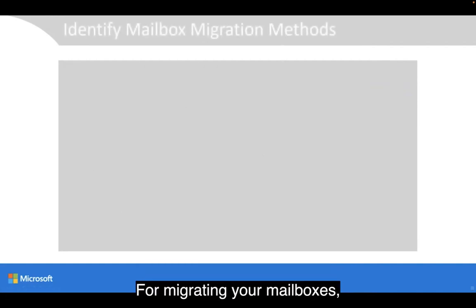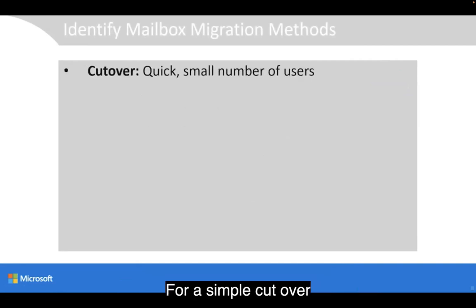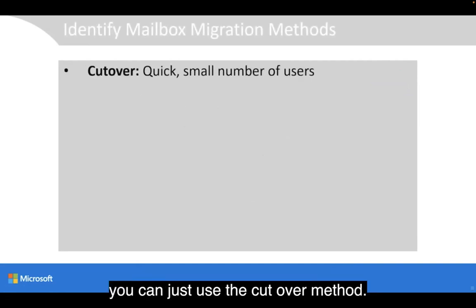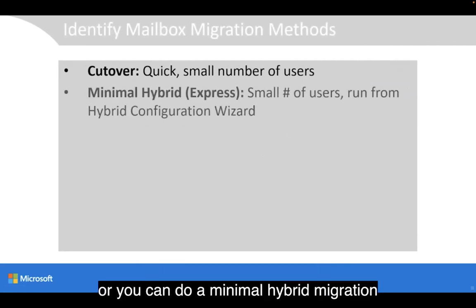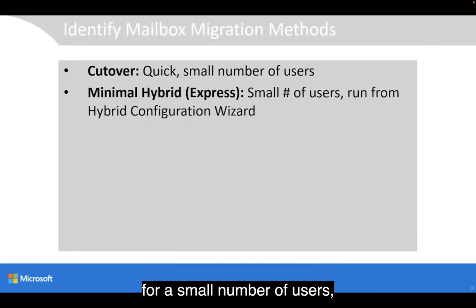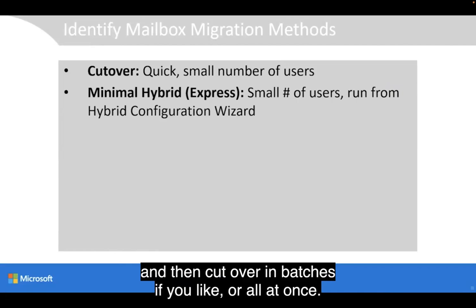For migrating your mailboxes, you have a number of methods available depending on your circumstances. For a simple cutover, you can just use the cutover method. This is quick, one shot, small number of users, or you can do a minimal hybrid migration for a small number of users where you use the hybrid configuration wizard to set up a hybrid configuration and then cut over in batches if you like, or all at once.